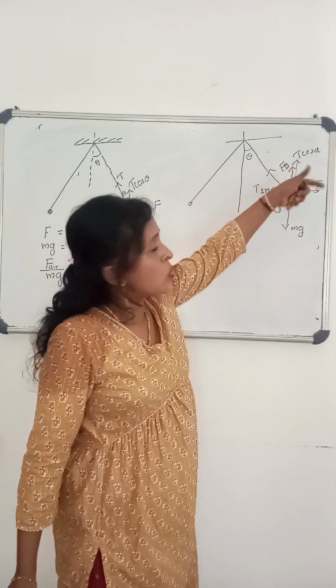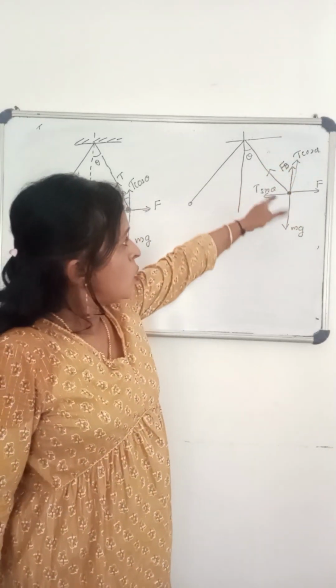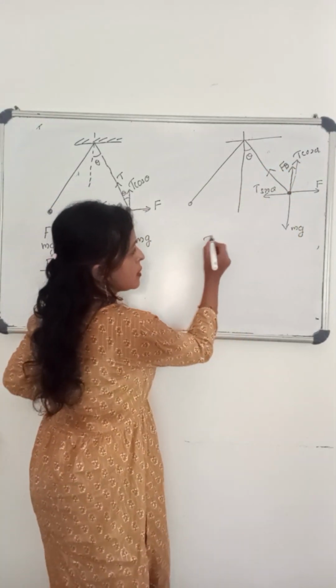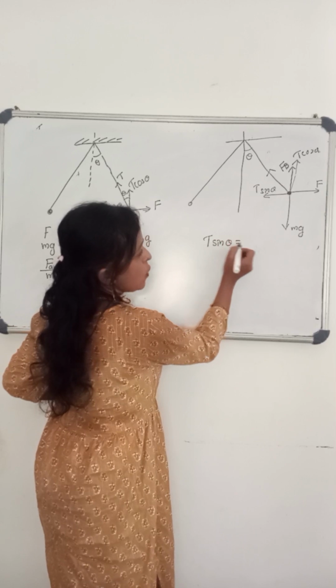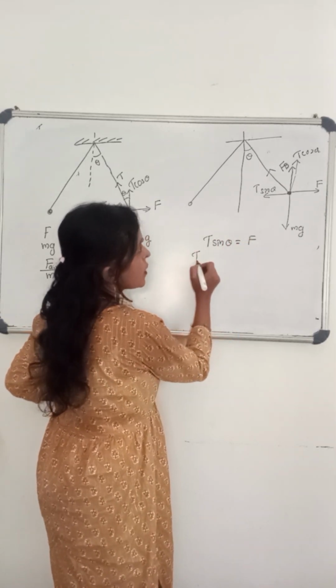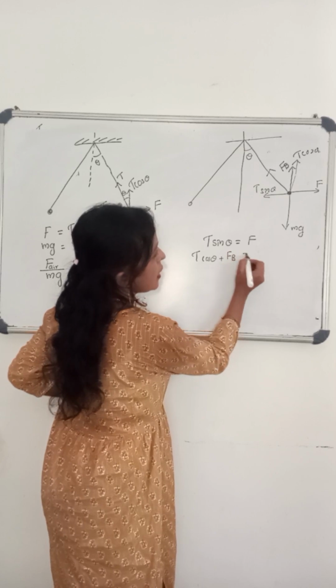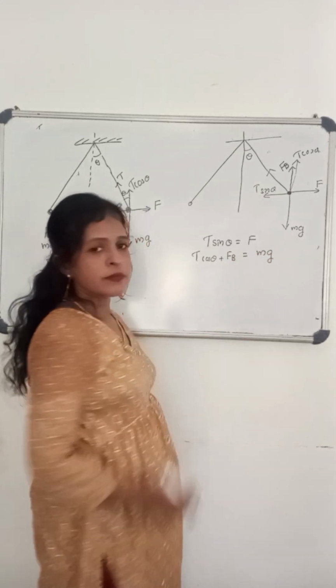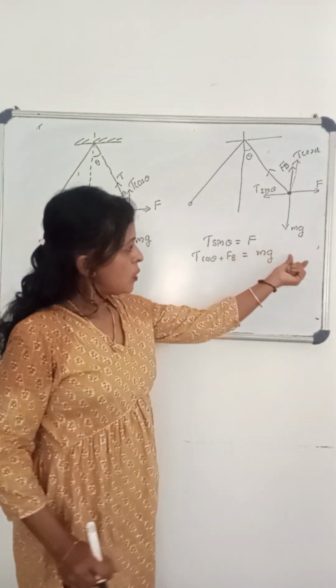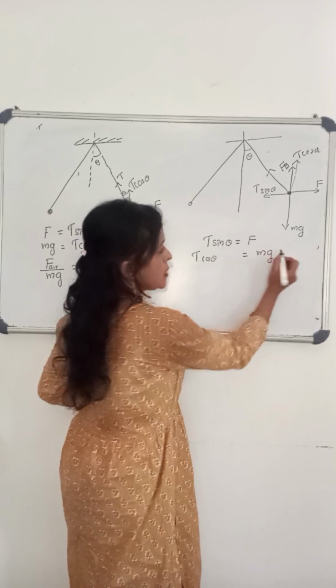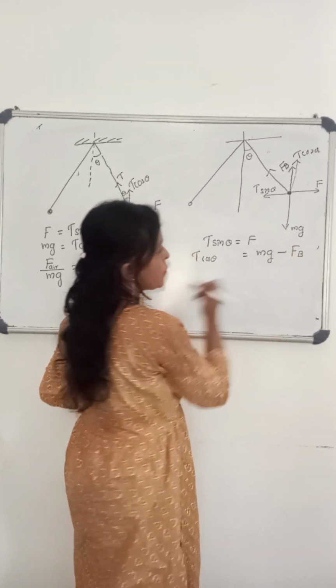The buoyant force and the T cos theta are in the same direction. So just balance these equations. T sin theta equal to F, T cos theta plus FB equal to mg. Bring this to this, so T cos theta is equal to mg minus FB.